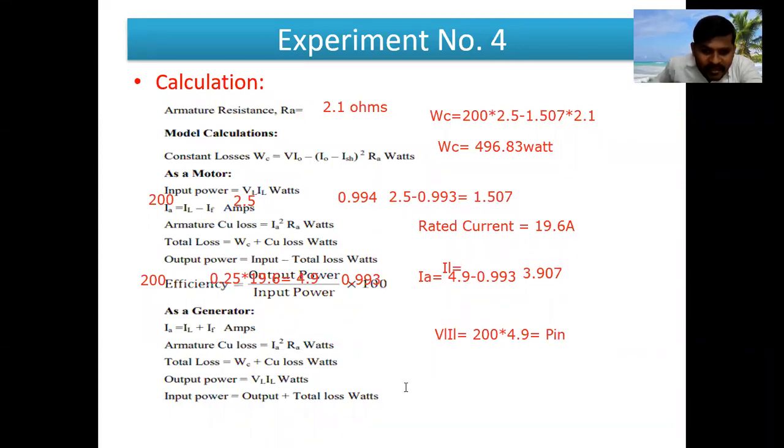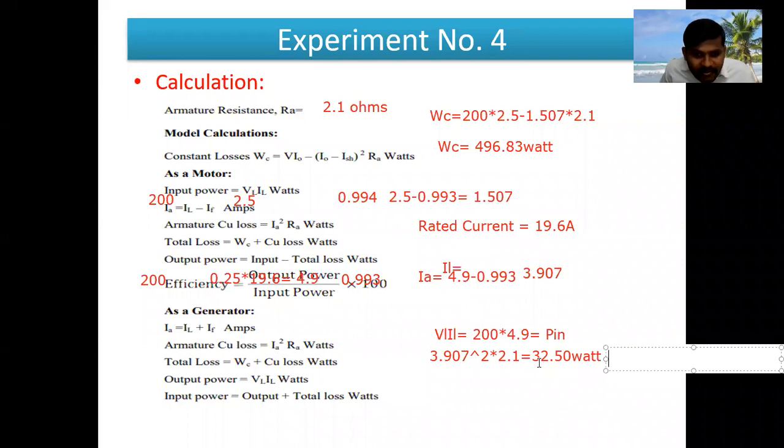IA काय 3.907, दॅट इज 3.907 चा स्क्वेअर इंटू RA. किती आहे, 2.9. हे जो येईल तो आर्मेचर कॉपर लॉस. किती येईल व्हॅल्यू, 32.50. किती, 32.50. हे झाले कॉपर लॉस. कॉपर लॉसेस कॅल्क्युलेट केले.